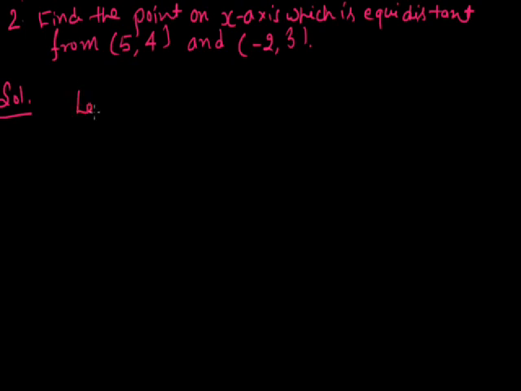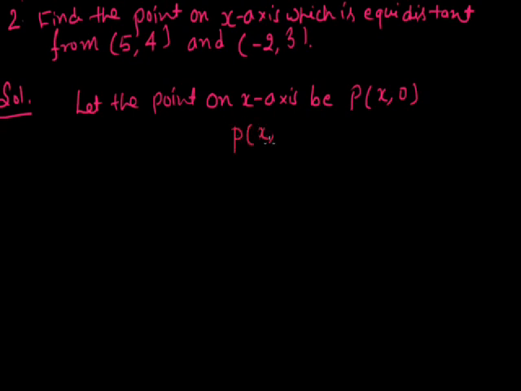Let the point on x-axis be P(x, 0). Now this point P(x, 0) is equidistant from 2 points.